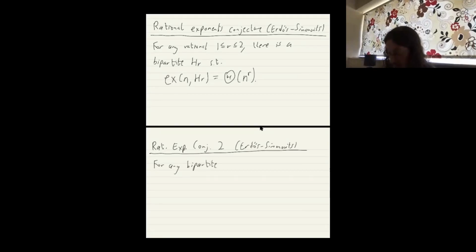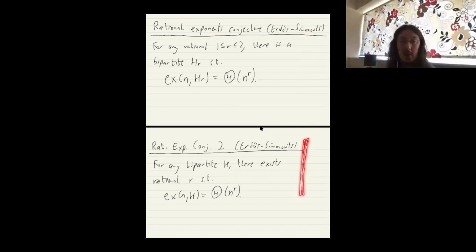For any bipartite H, there exists a rational r such that the extremal number of n, H is equal to theta of n to the r. But I believe this first conjecture. It seems completely plausible to me. I think this second conjecture is just not true. Couldn't possibly be true. I don't know how to disprove it, but I'm fairly certain that it's not true.